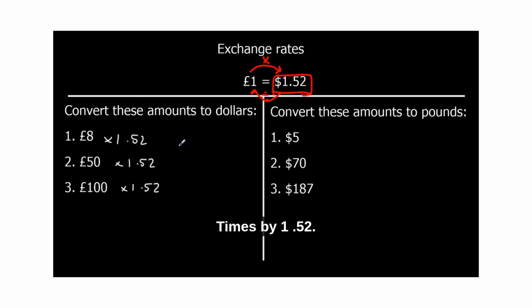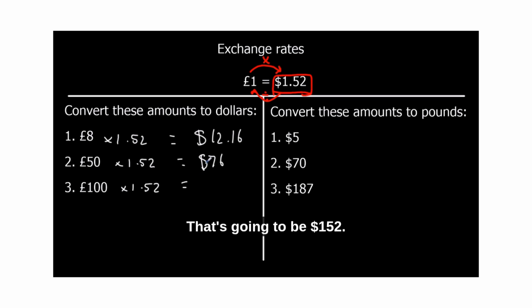I'm going to type them in the calculator. 8 times 1.52 is $12.16. 50 times 1.52 is 76 exactly, $76. And 100 times 1.52 is going to be $152.